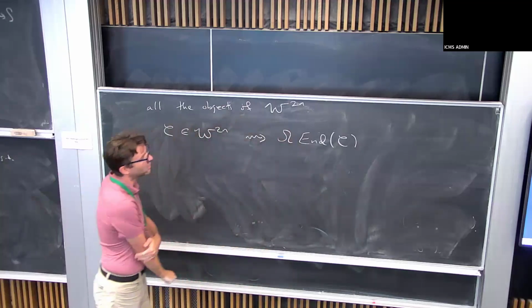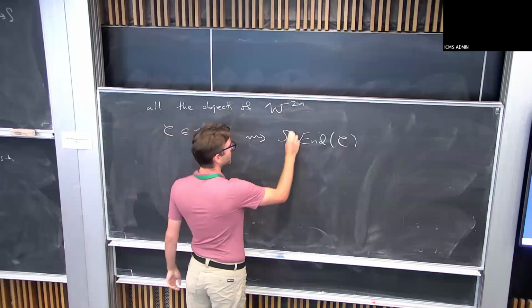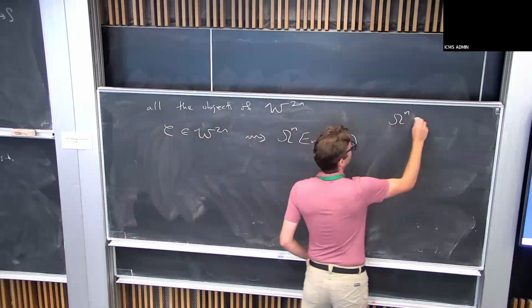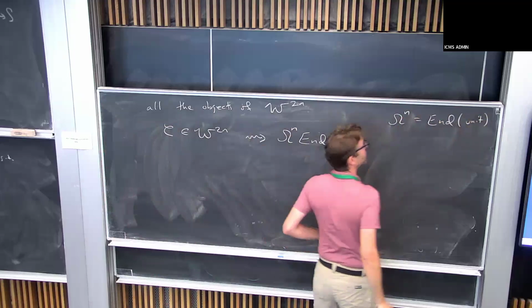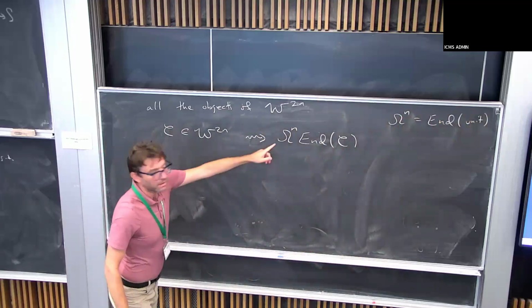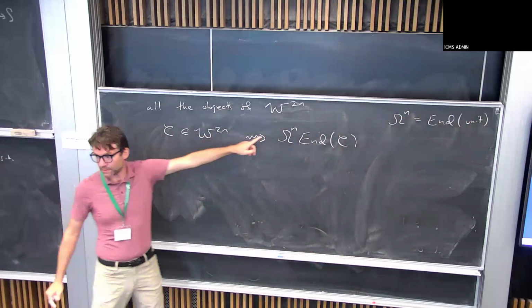So that's the loop space of that endomorphism algebra. And then I can loop that a bunch of times. So loops n means endomorphisms of the unit. Just to be clear, you mean n, not 2n there? I mean n. Yeah, so this is a 2n, this is an n.